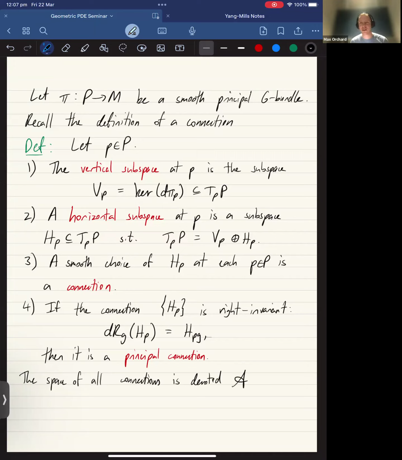It's kind of like a script A. And for the horizontal and vertical components of a tangent vector or a vector field, I'm going to write vert of u or horizontal of u for the vertical or horizontal component of a tangent vector.